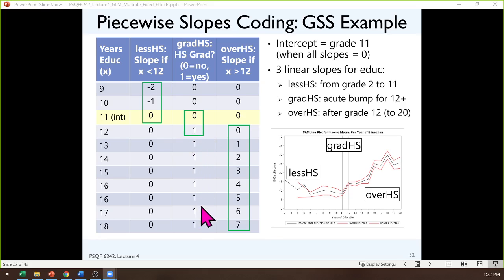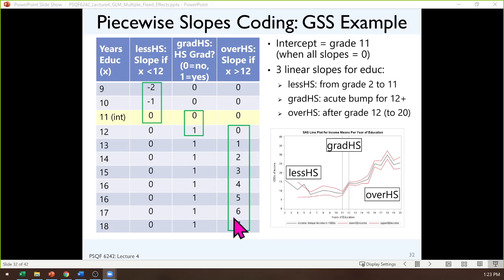And it stays at 1 because all of these people with higher levels of education, I've got 2 16s in here for some reason, they have a high school degree also. And in the last column, I'm only talking about the people with greater than a high school degree. So it's zeroed out until I get to somebody with 13 years of education, in which case it is education minus 12 that gives me this last column.